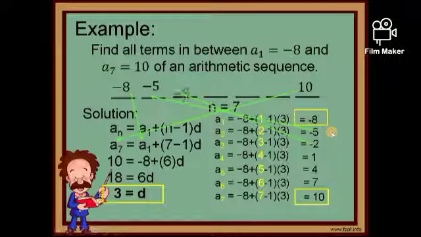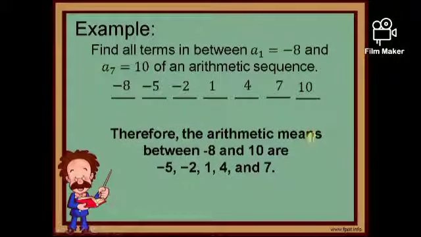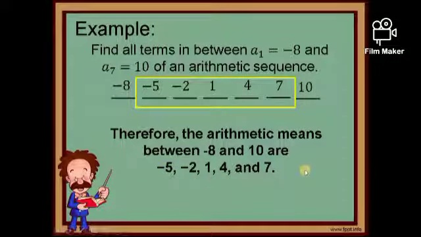The third term is -2. Next is 1, followed by 4 and 7. So therefore, the arithmetic means between -8 and 10 are -5, -2, 1, 4, and 7. And that's it.